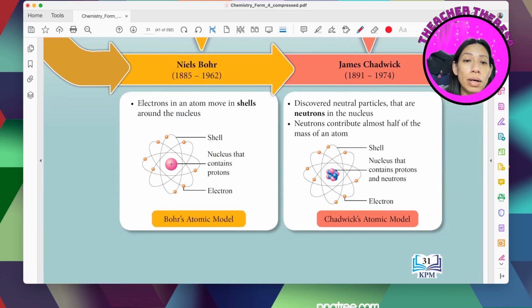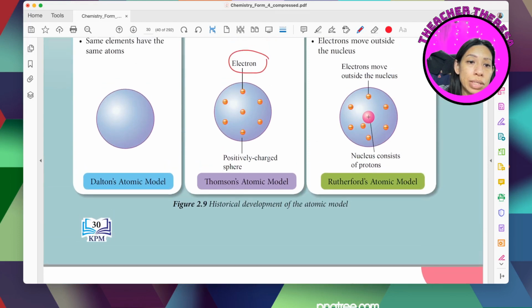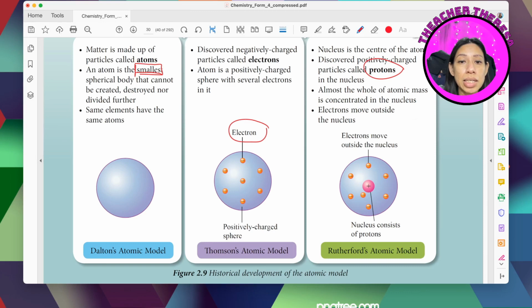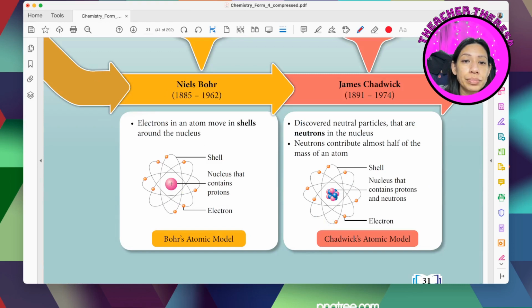Now Bohr's atomic model is much different from what was stated by Dalton, Thomson and Rutherford, because their structure is in a sphere shape. When you go to Bohr's model, you can see the difference, where you have what we call electron shells.